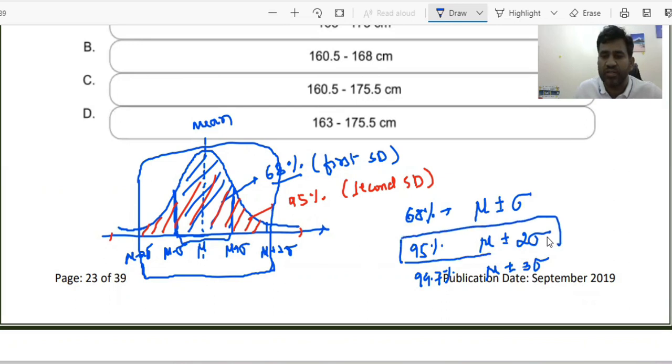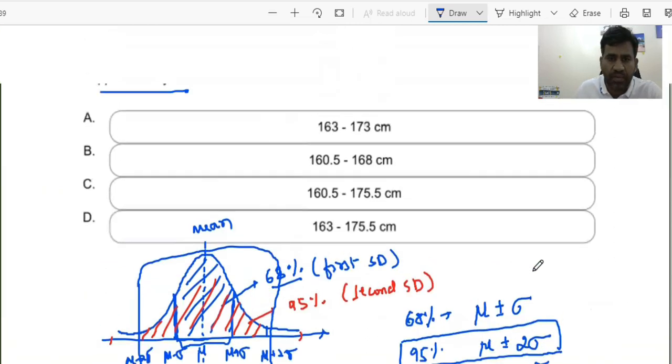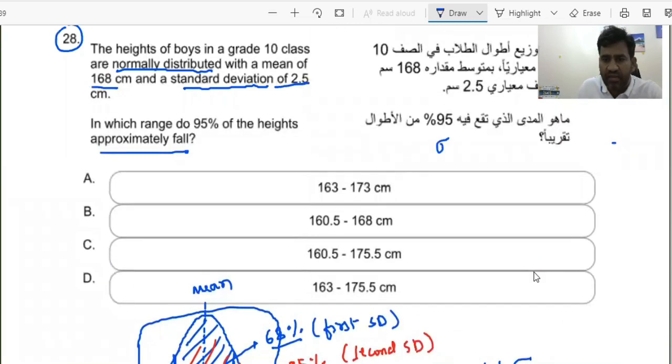95% of the students fall in this range, and they have given us the standard deviation and the mu. In this example, the standard deviation is 2.5, and the mean value is 168 centimeter; the value of mu they have given is 168.